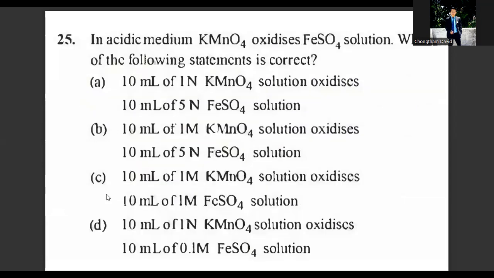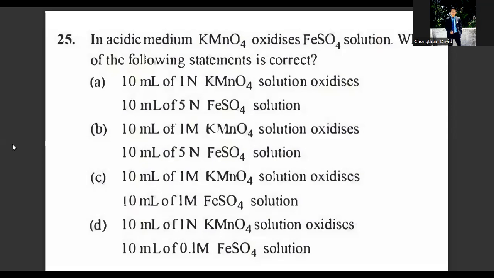Question number 25, let's read. In acidic medium, potassium permanganate oxidizes iron sulfate solution. Which of the following statements is correct? 1 molar potassium permanganate equals 5 normal potassium permanganate and equals 5 normal iron sulfate. You know the relationship between molarity and normality, right?